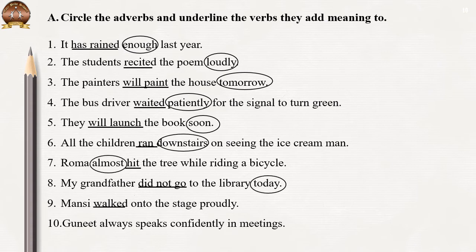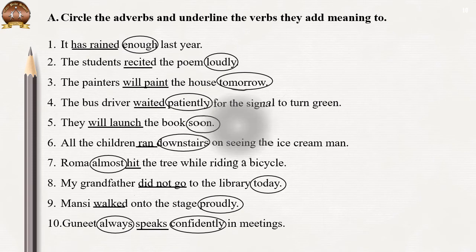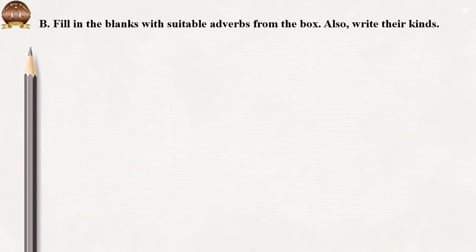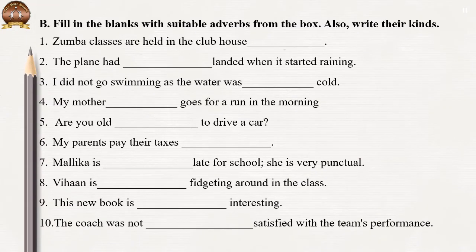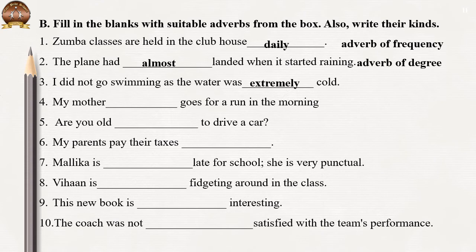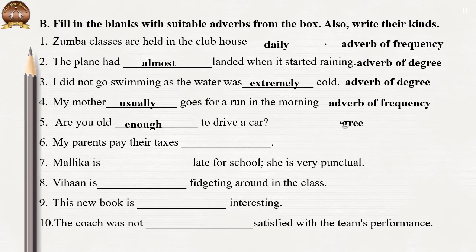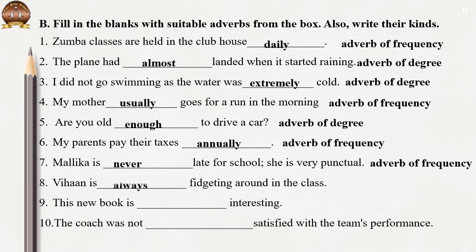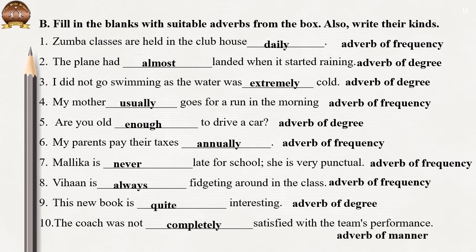You can pause and solve the exercise and then start the video and check the answer. Next exercise is fill in the blanks with suitable adverbs and write their kind. Solve all this. Find the answers in the video and check from there.